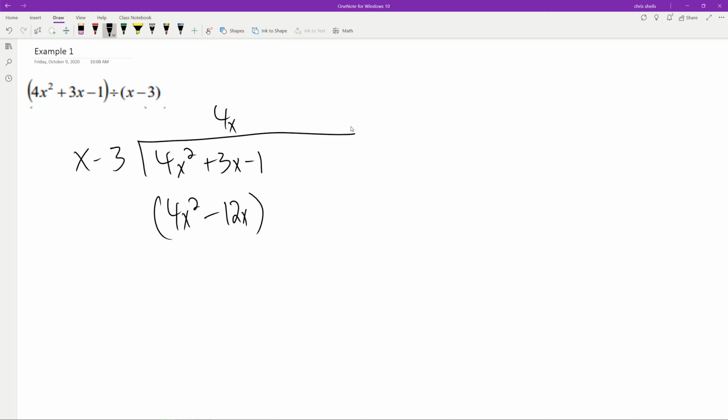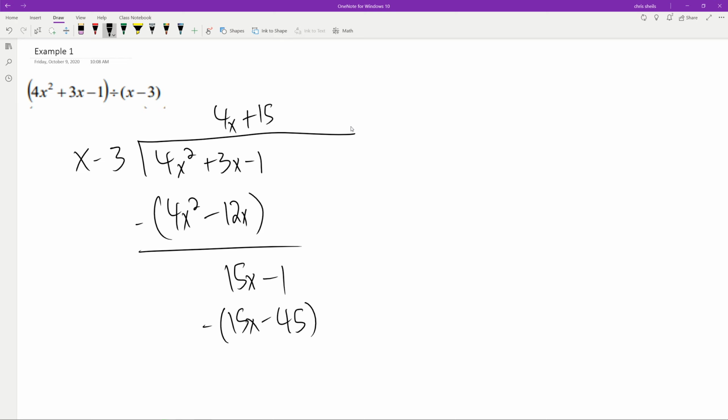I place parentheses around this and I subtract. I'm subtracting negative 12x, so that's the same thing as adding 12x. 3x plus 12x, that's 15x. I bring down this minus 1. X goes into 15x 15 times, so I add 15. 15 times x minus 3, that's going to be 15x minus 45.